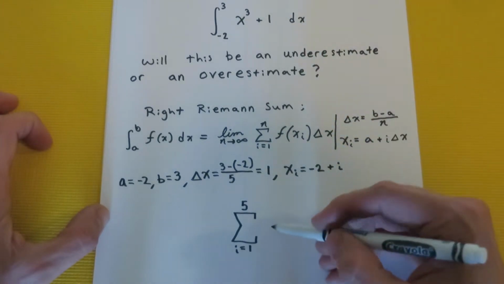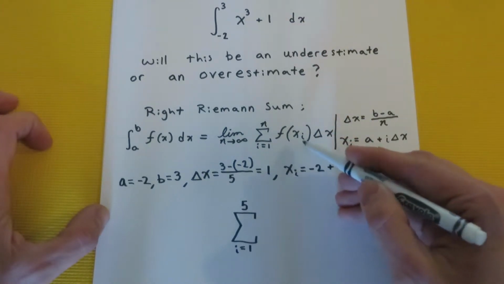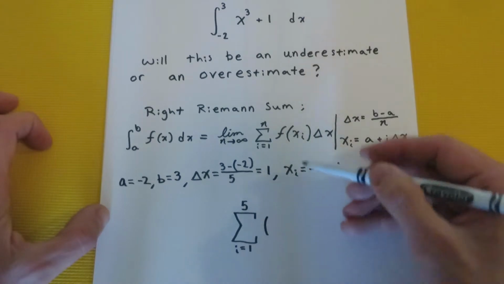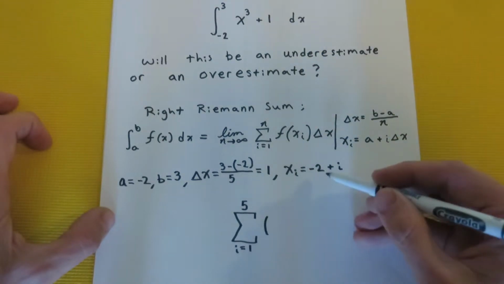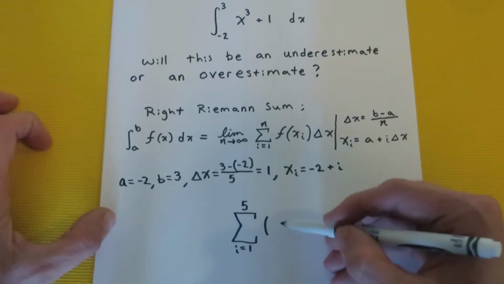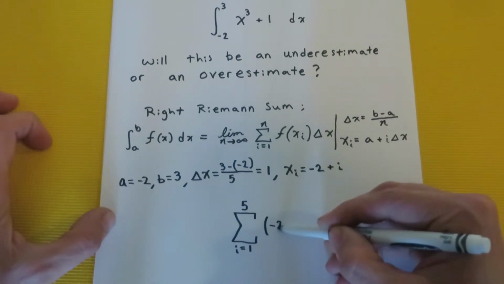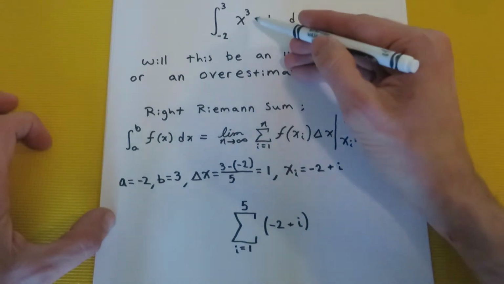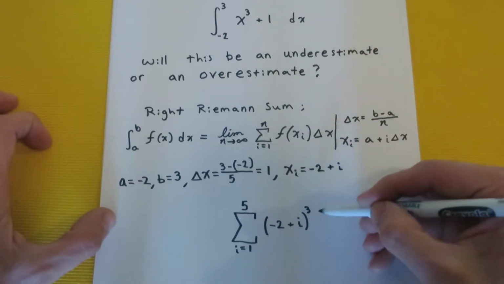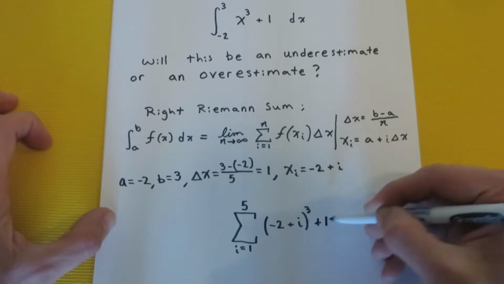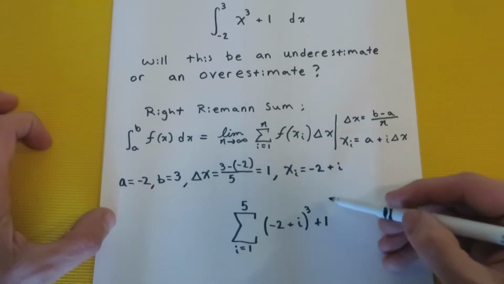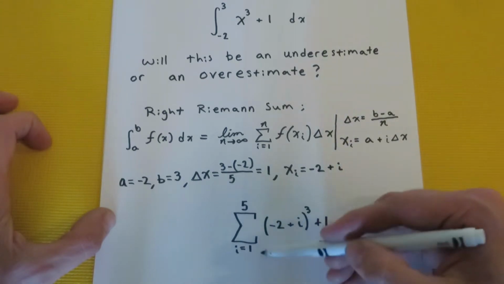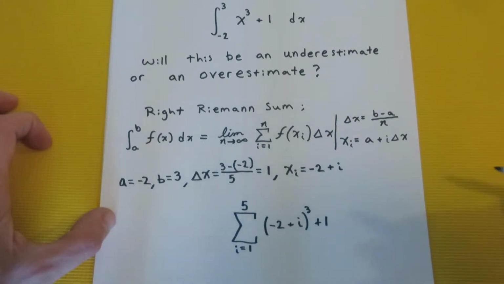So the plus 1 is going to stay the same, and we're just going to put our x sub I in brackets here, and then we're just going to cube that. X sub I, we determined, is -2 plus I. All of that cubed, just like we have up here in our function, plus 1. And the 1 is going to be part of our summation. I just didn't want to draw everything in brackets because I wanted to keep things more streamlined and simple looking so that we don't get confused.